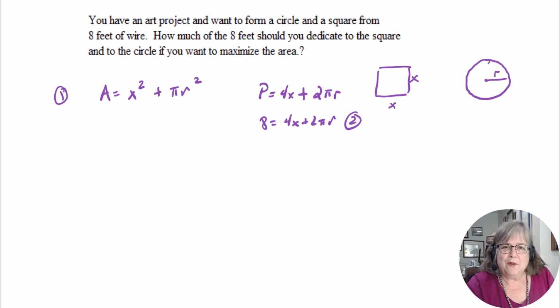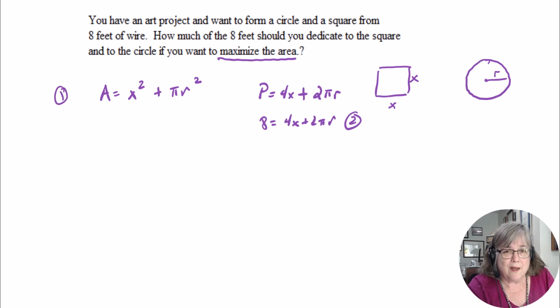You need to work them together, kind of interweave them. So which one is the one you're going to hold on to, and which is the one you're going to fold into it? Well, that depends on what they ask you. Okay, so they want to maximize the area. Since the question is to maximize the area, then you have to take the derivative of the area function.